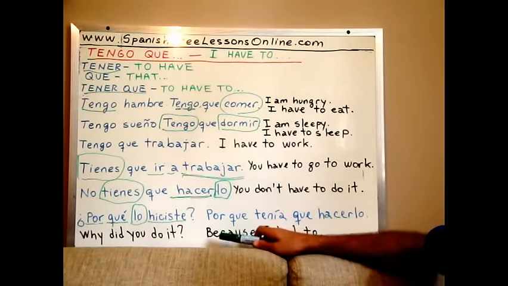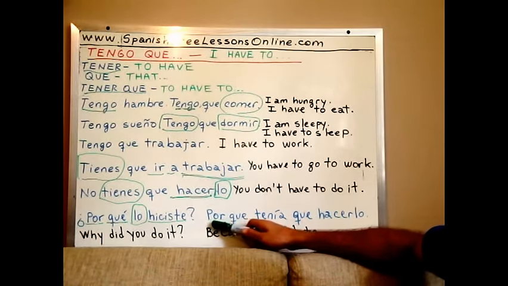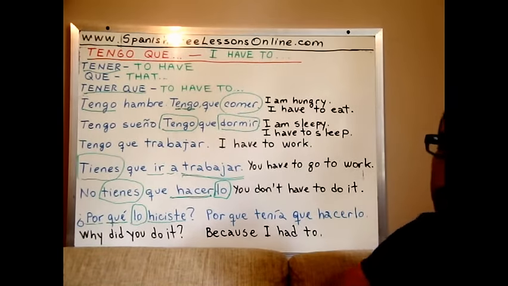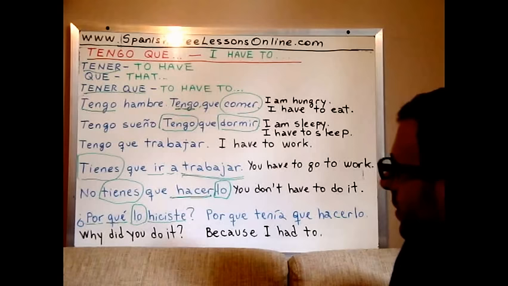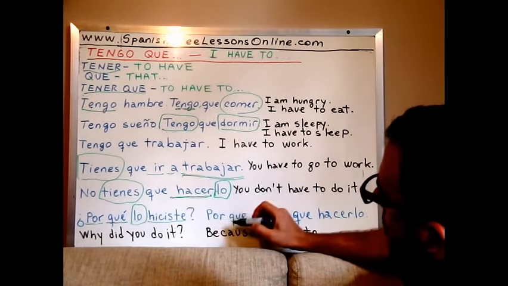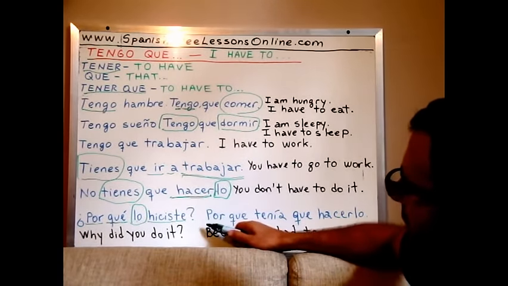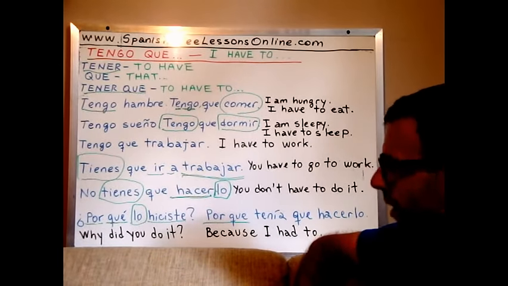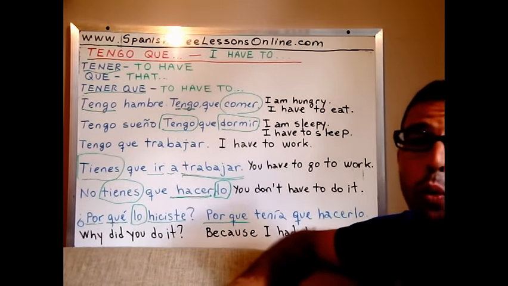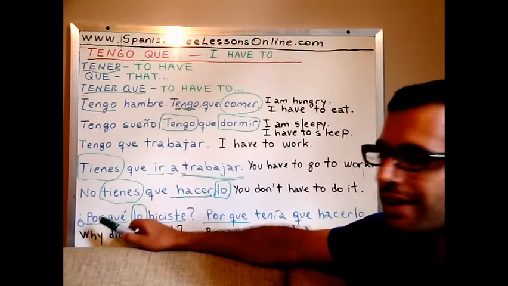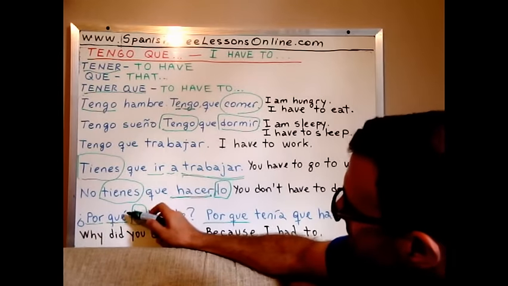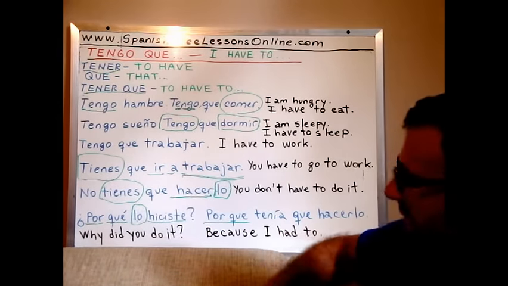And the answer is porque tenía que hacerlo. Because I had to do it. Take a look here. The word for because, porque, is just one single word, while the word for why, por qué, is two words, and the que has a tilde here, right?